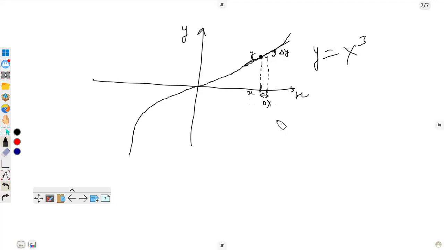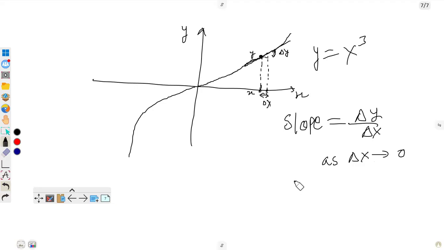And now we have worked this all out. We know that the slope is actually delta y by delta x, and as delta x tends to 0, the line tends to become tangent, and the definition of tangent comes from this only.